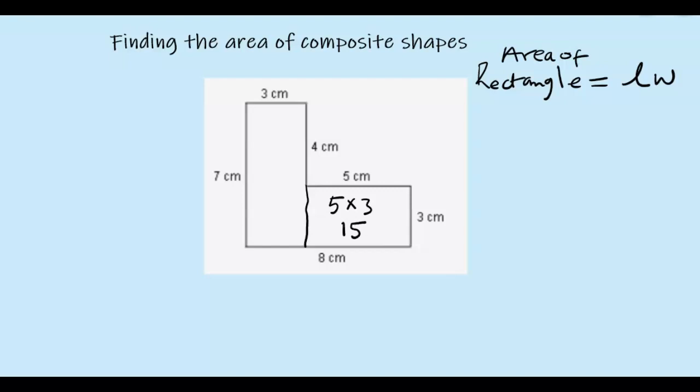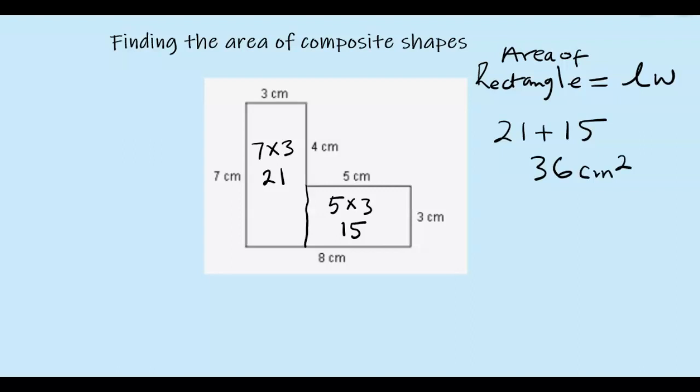And here the length is going to be 7 and the width is 3, which gives us 21. Therefore, the area of this shape here is 21 plus 15, which gives us 36 centimeters squared.